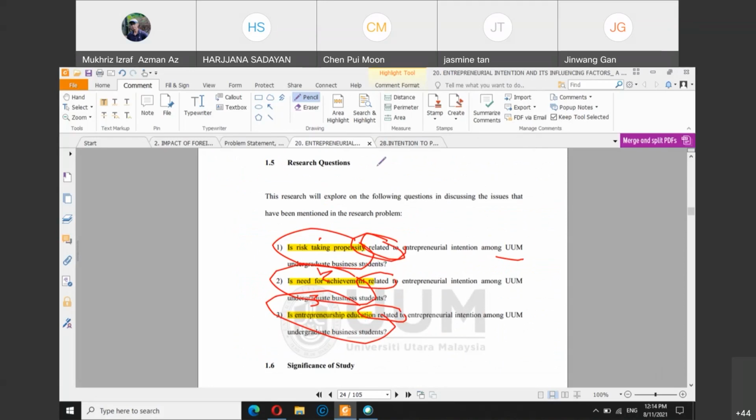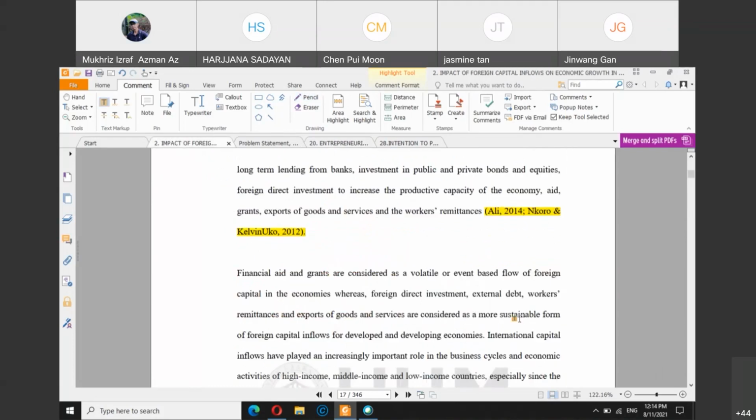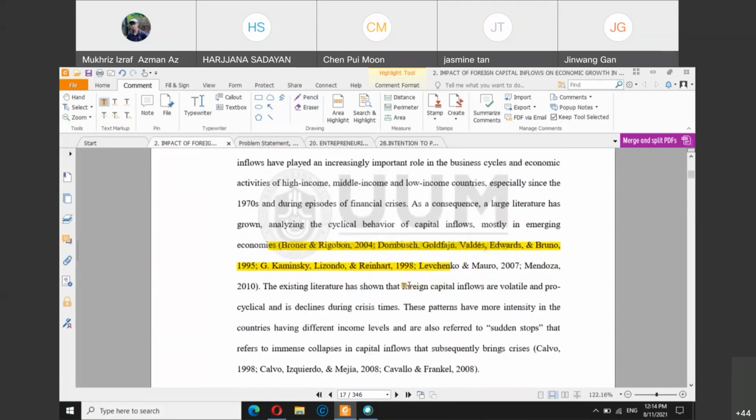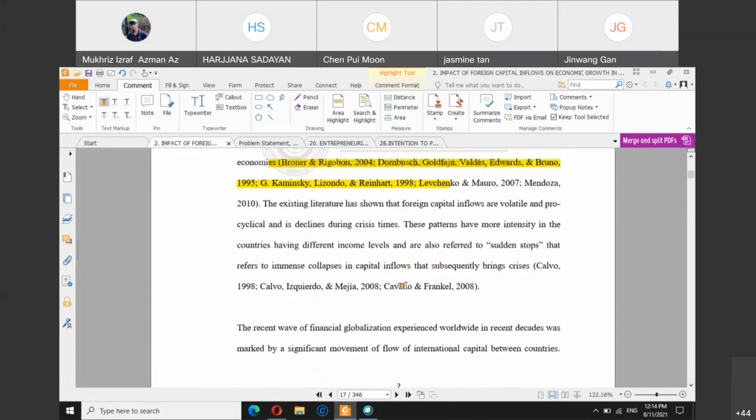So these three factors, you must mention somewhere in the background by using past studies. When you read the thesis that you are referring to, kena carilah. You must mention very briefly, not too detailed. Why not too detailed?